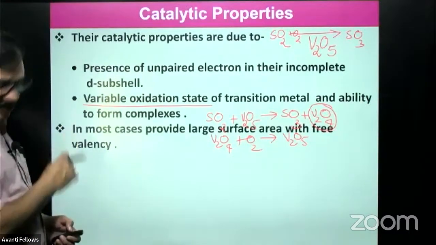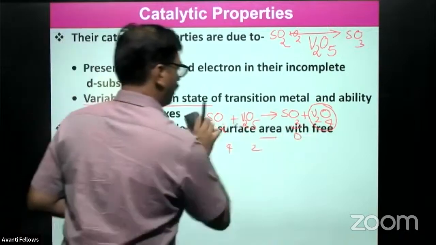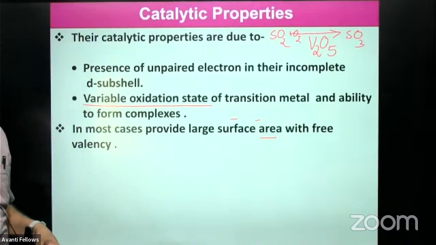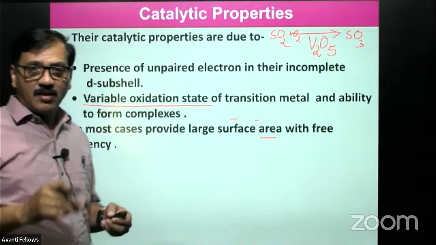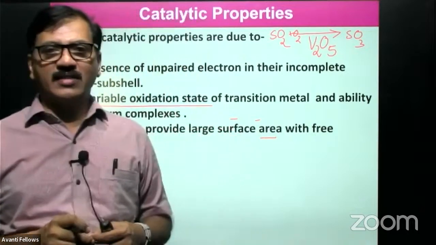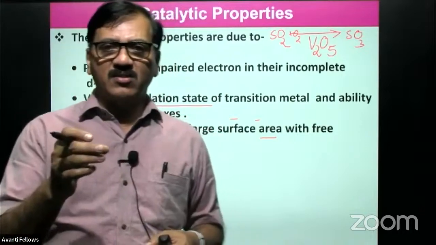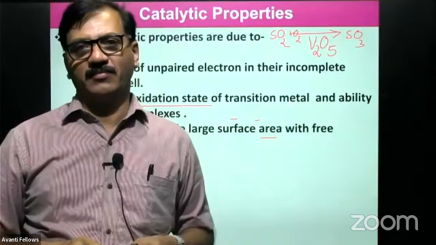And another thing is they provide a large surface area with free valency, right? What is meant by this? What we mean is adsorption. What is adsorption? Adsorption means attracting and retaining on the surface.